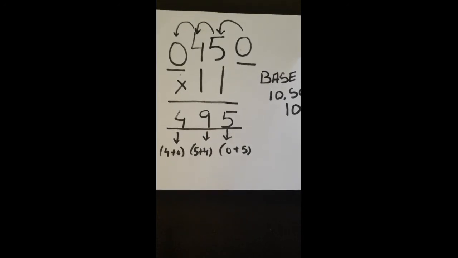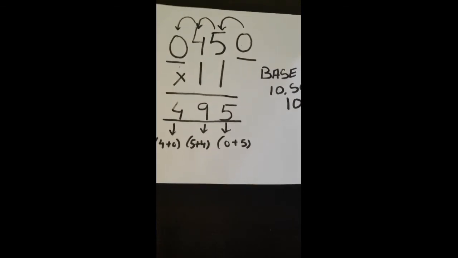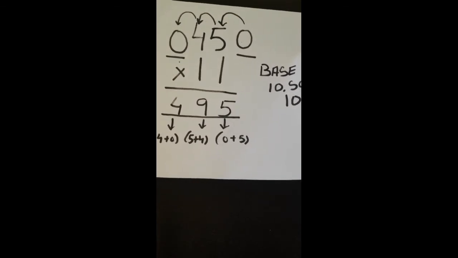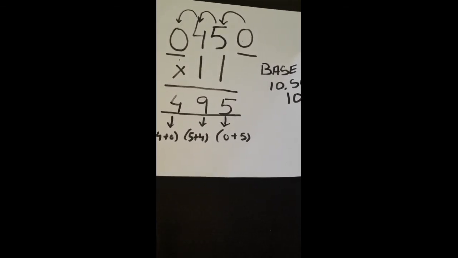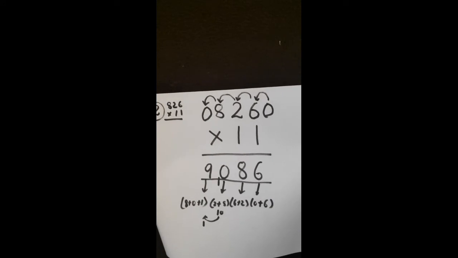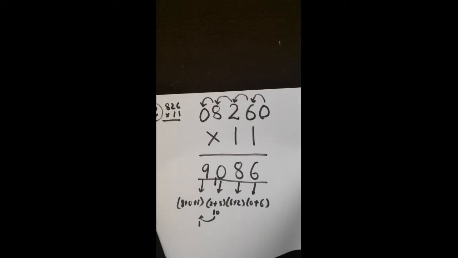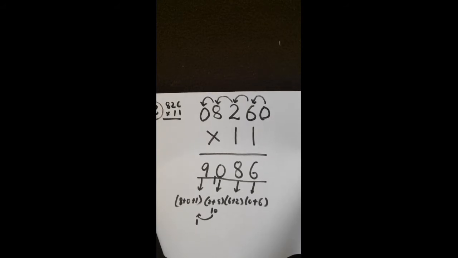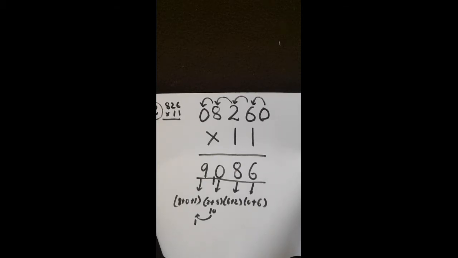Okay, then I am going to take one more example from the multiplication table of 11. The second example is 826 into 11. So same, we will do 826 into 11, putting 0 on both the sides. 11 has the base 10, so a single 0 on both sides, and we will start adding two numbers.